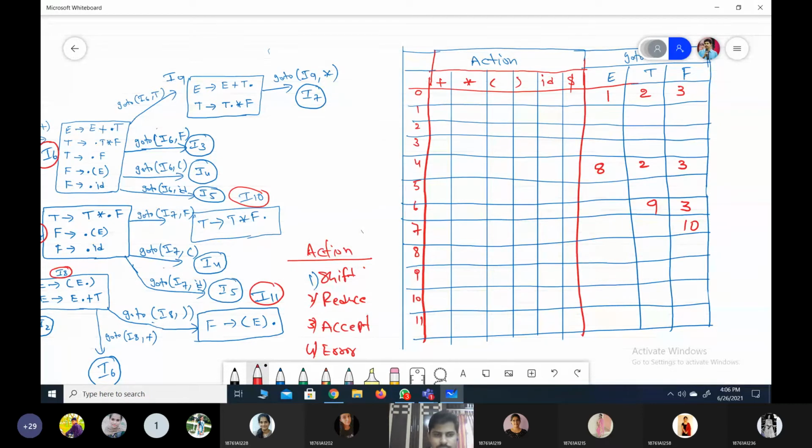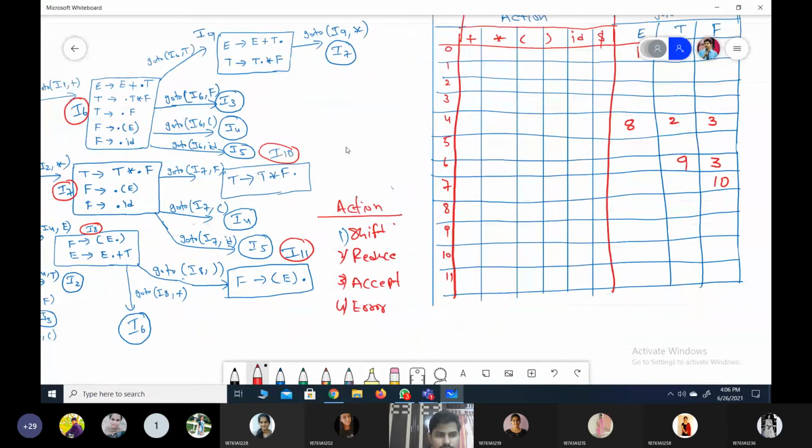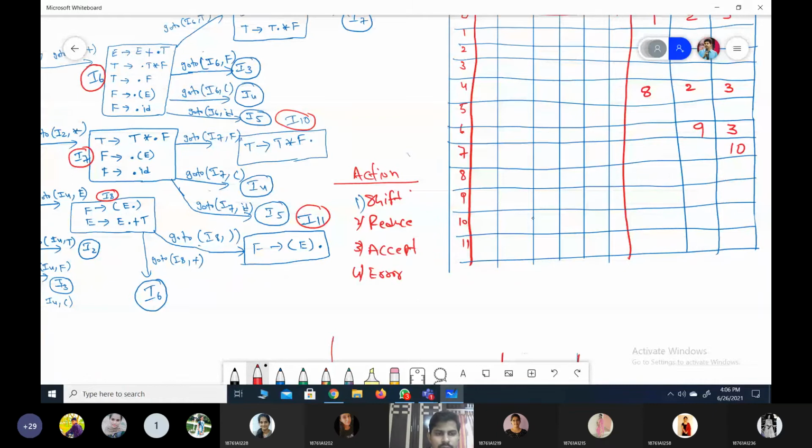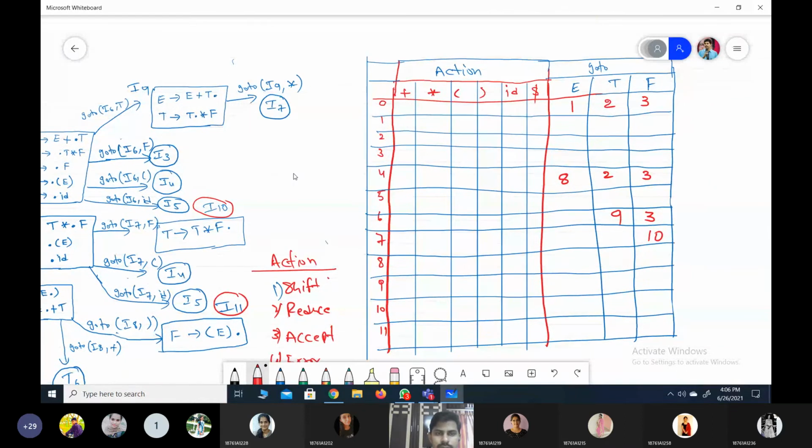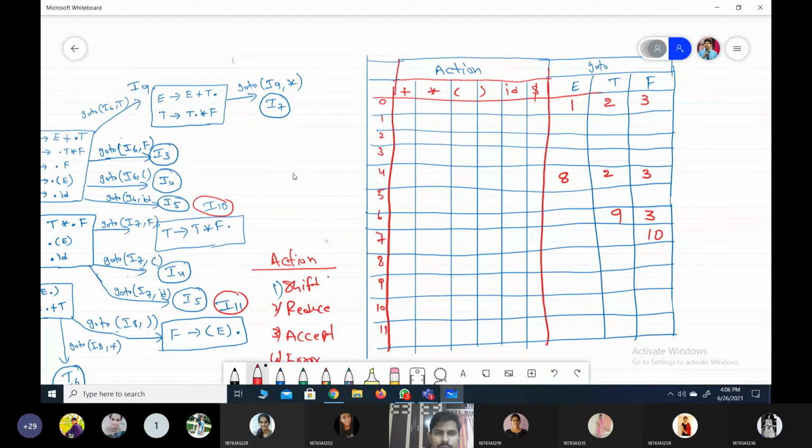I8 on non-terminals. If it is not comfortable, then I will zoom out. I8 on non-terminals: no, sir. I9 on non-terminals: we don't have.